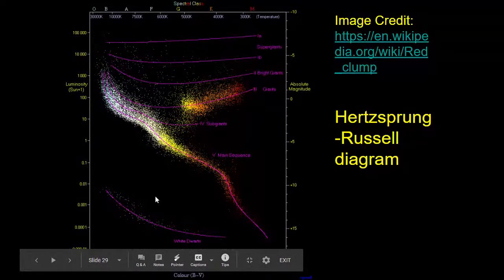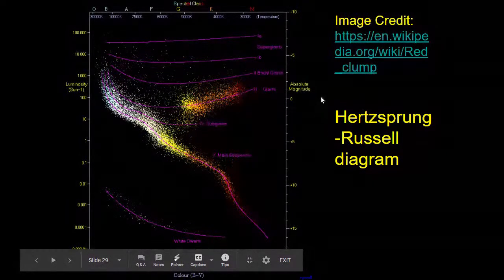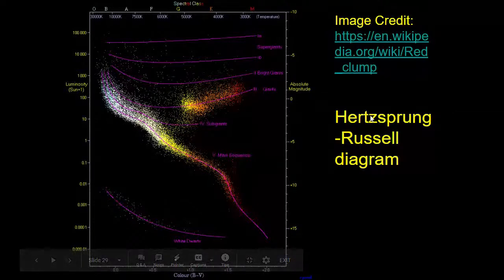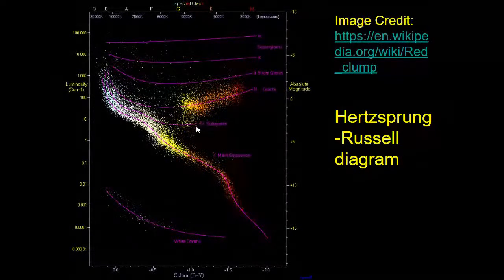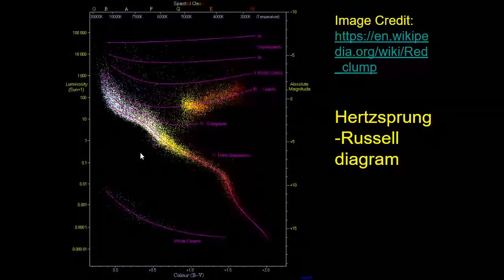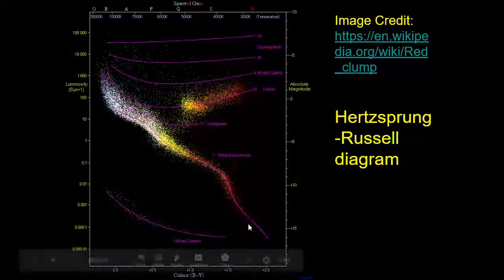This plot is named after the astronomers Hertzsprung and Russell, who for the first time analyzed and found the pattern in the distribution of the stars in the luminosity versus temperature diagram.